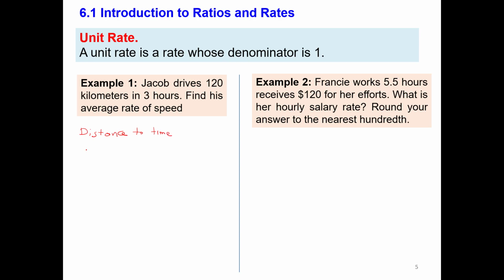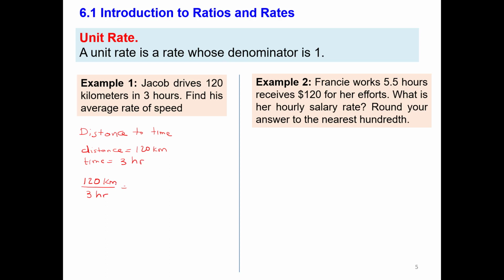The distance in this case is 120 kilometers and the time is 3 hours. And the ratio distance to time will be distance over time, 120 kilometers over 3 hours.